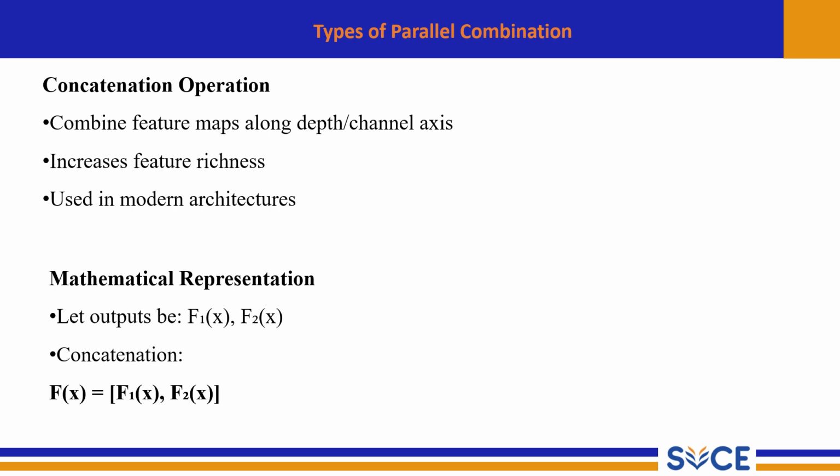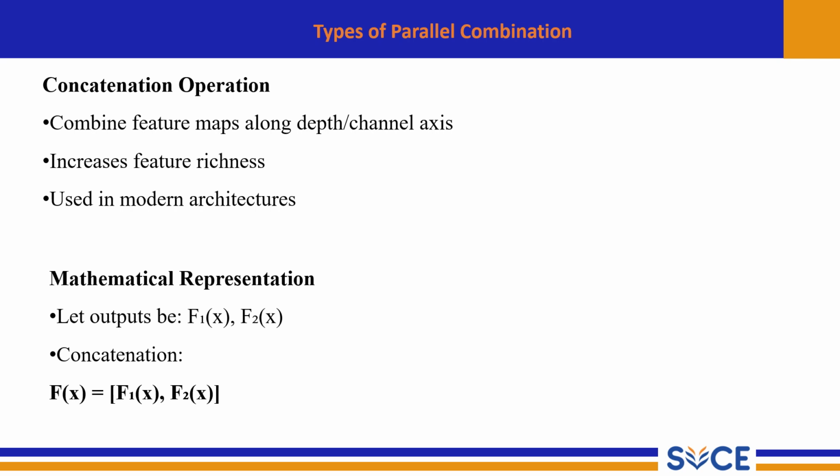So first, the concatenation operation. It combines the feature maps along the depth or channel axis. This increases the richness of the features, allowing the network to capture more diverse information. It's widely used in modern architectures such as Inception and DenseNet modules.